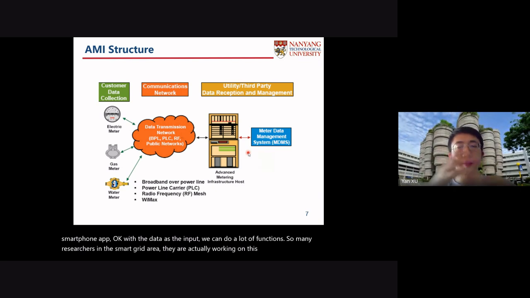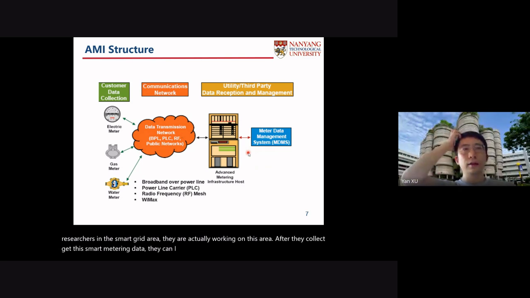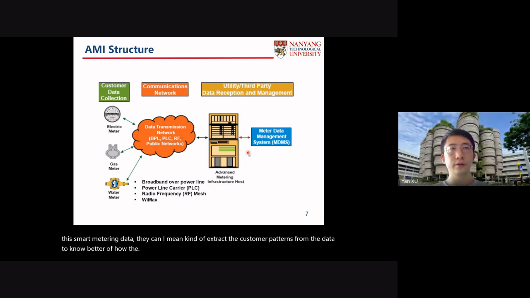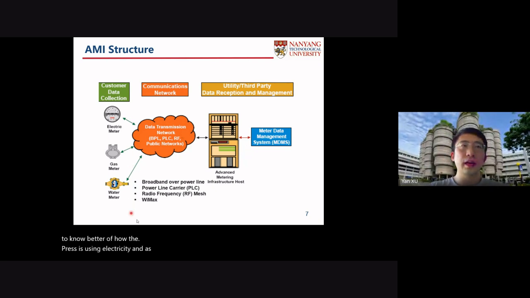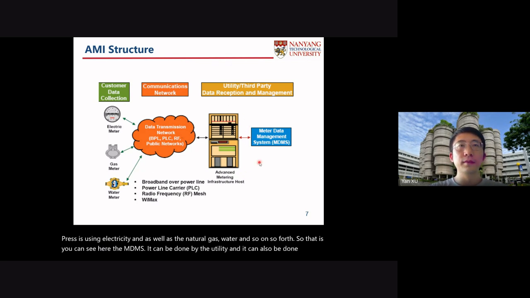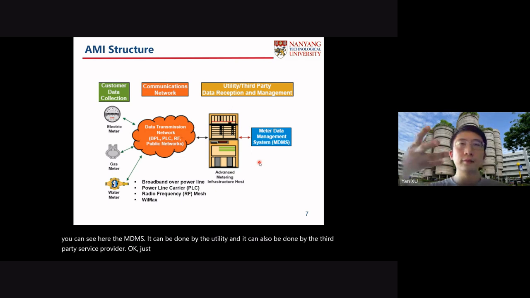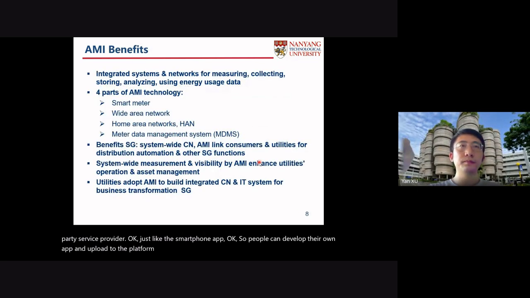After they get this smart metering data, they can extract the customer patterns from the data to know better how the consumers are using electricity as well as natural gas, water, and so on. You can see here, the MDMS can be done by the utility and it can also be done by a third-party service provider, just like the smartphone app. People can develop their own app and upload it to the platform for people to use.